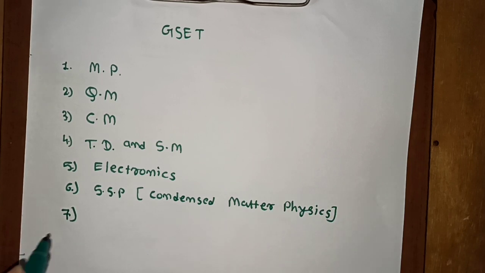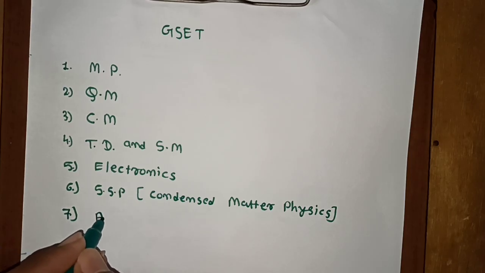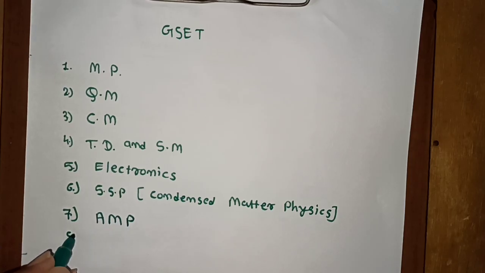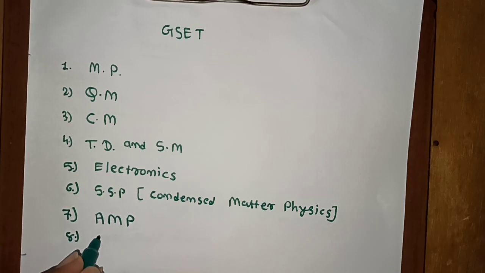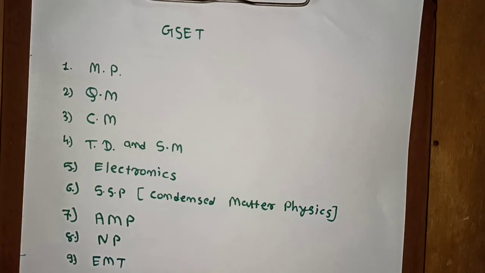The next, seventh, is atomic and molecular physics. Then eighth one is nuclear and particle physics. Then electromagnetic theory or electrodynamics.